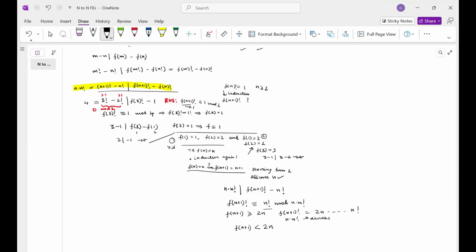Yeah, but if f of n plus 1 would equal f of n, wouldn't it imply that 2 equals 1? We're trying to show f of n plus 1 is equal to n plus 1. So that would be fine, right?